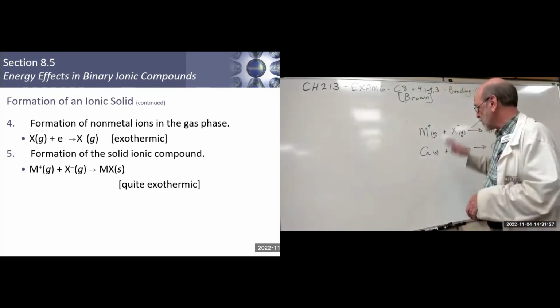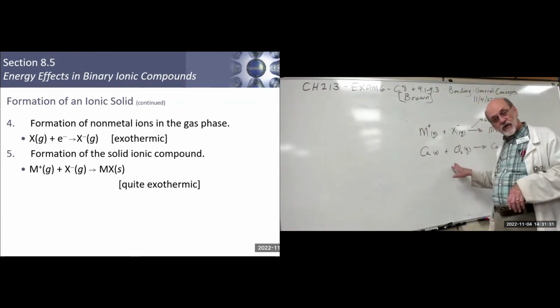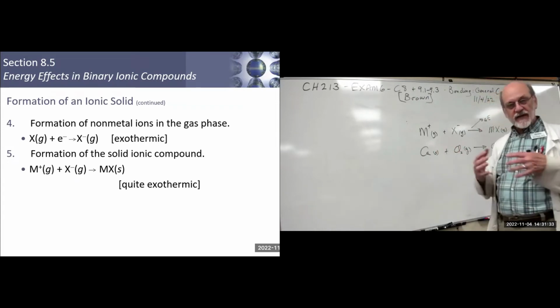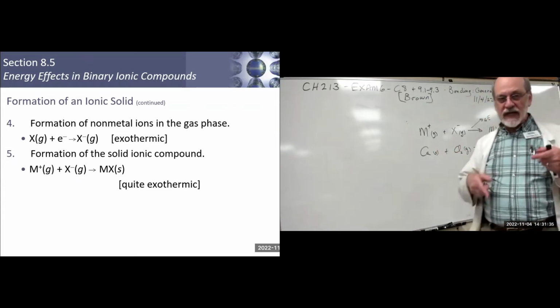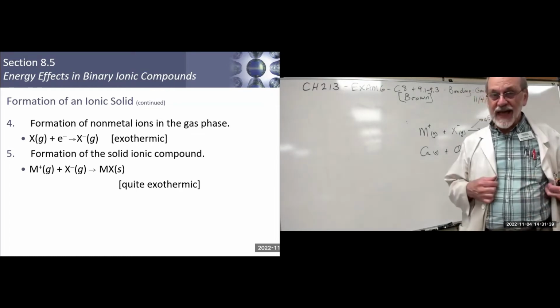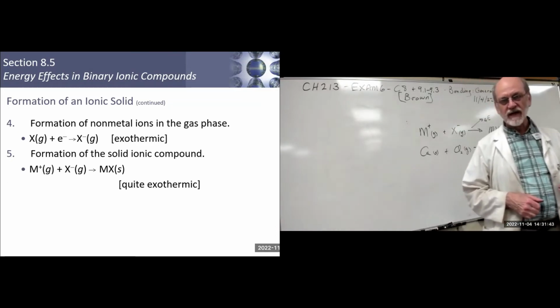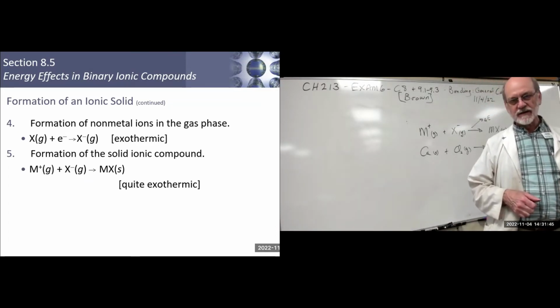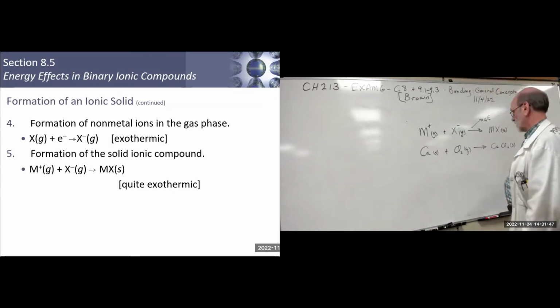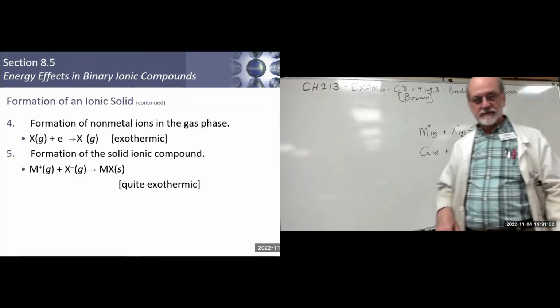Now that we've got the separate gas ion for calcium and the separate gas ion for chlorine, they come together. And when they do that, we get the solid ionic compound, and that's your lattice energy. So the last step is very exothermic lattice energy. And that goes from here to here in 5 steps.